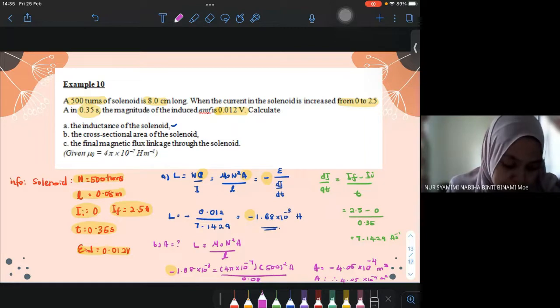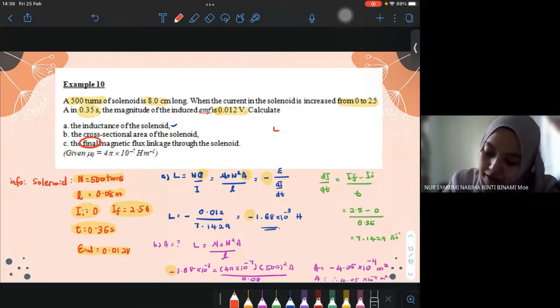And see the final magnetic flux linkage through the solenoid. So how you want to calculate this magnetic flux linkage? Because it said the final magnetic flux linkage.